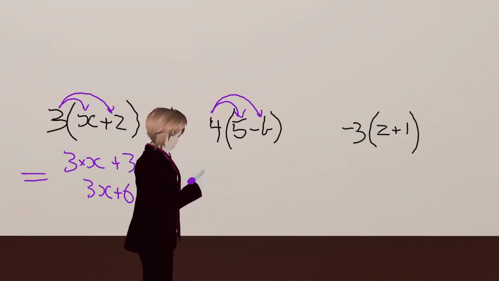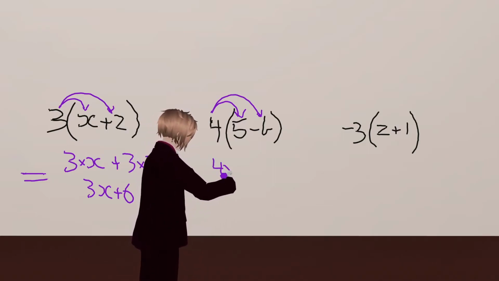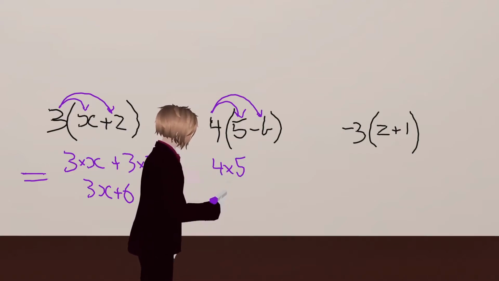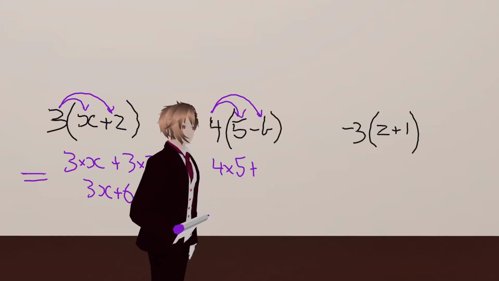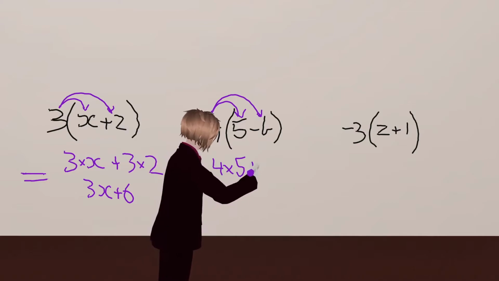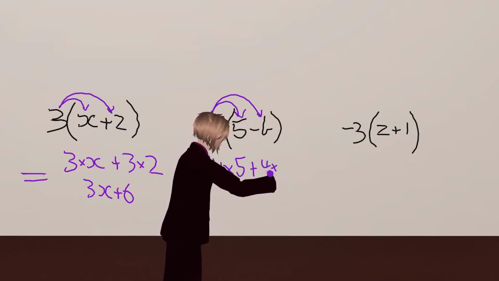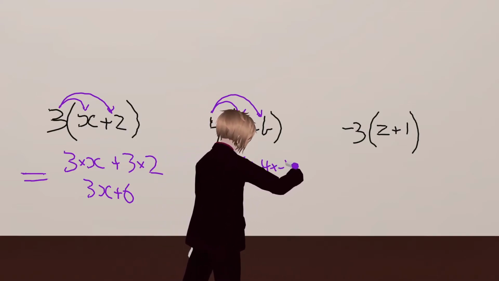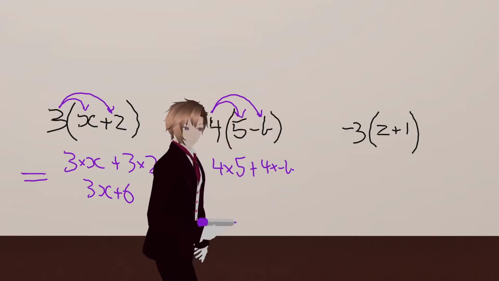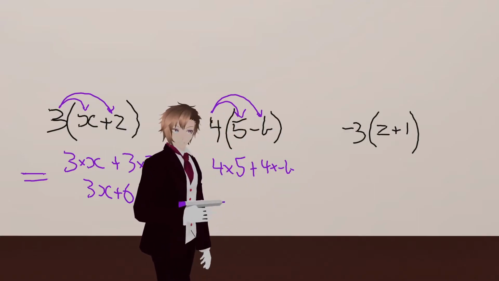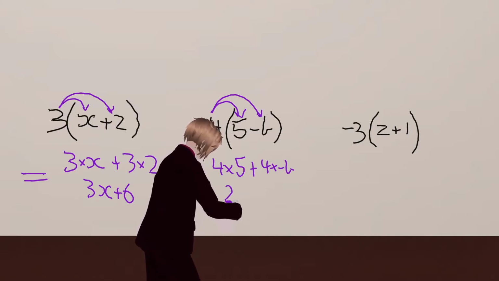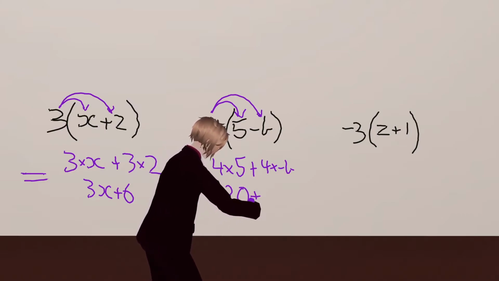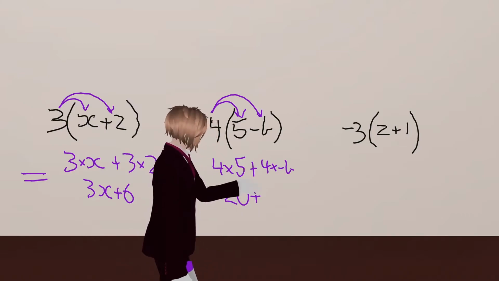So let's write that down. We have 4 times 5, and we also have 4 times negative b. So 4 times 5 is 20, plus 4 times negative b.